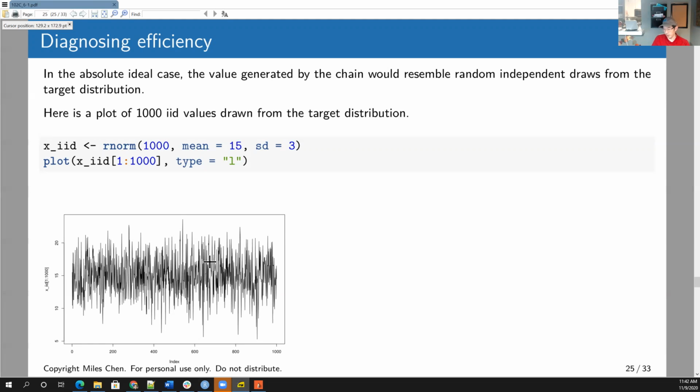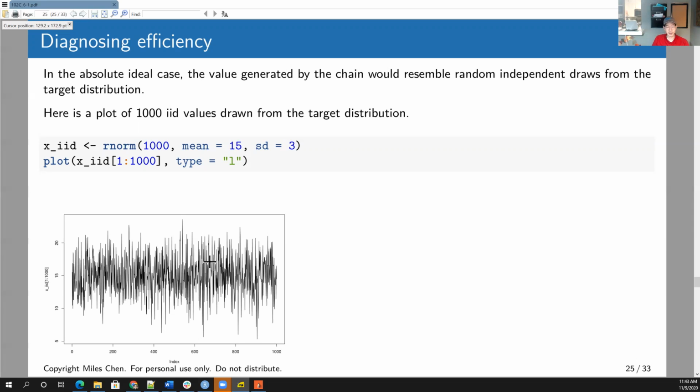All right, let's talk about efficiency. In the ideal scenario, values generated by the chain would resemble random independent draws from the target distribution. This is practically impossible. The whole idea of a Markov chain is that you are not generating independent values: the next proposed value depends on your current value.